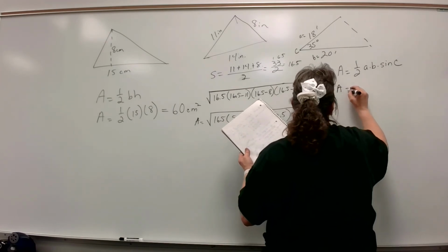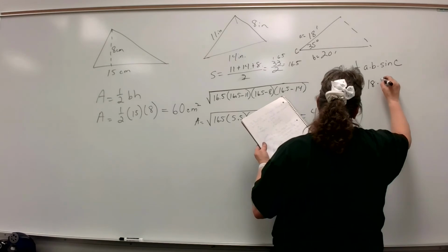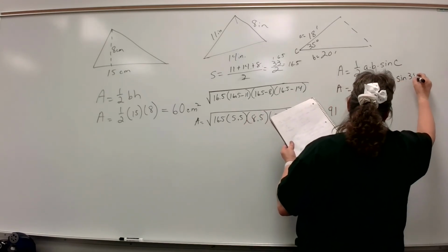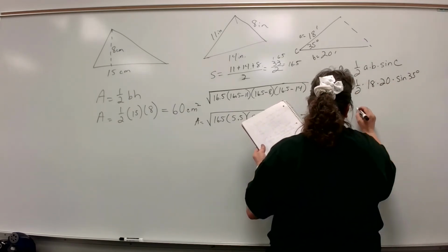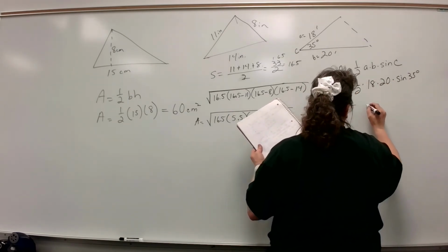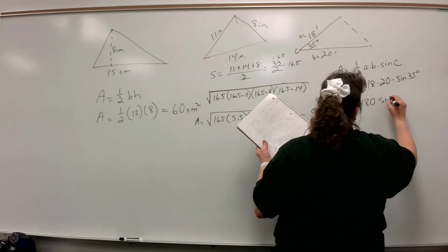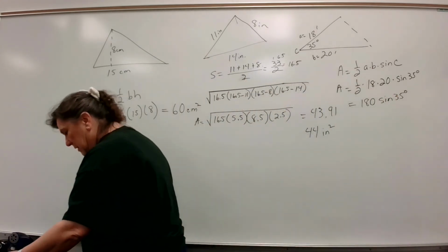So A is equal to 1/2 times 18 times 20 times the sine of 35 degrees. Let's see, 9 times 20 is going to be 180. Sine 35 degrees. And let's see what that gives us.